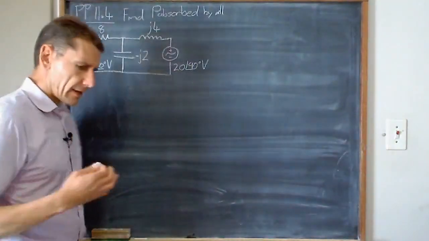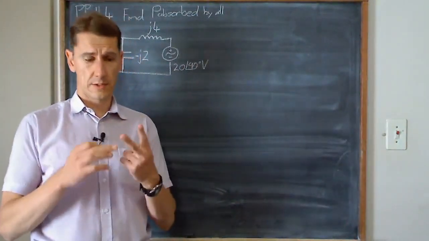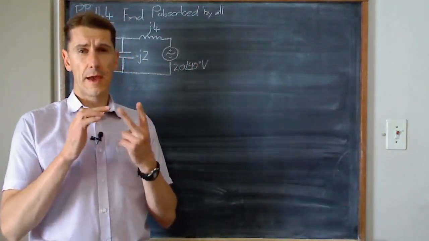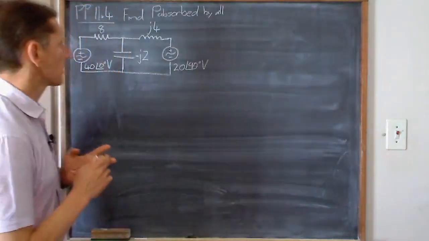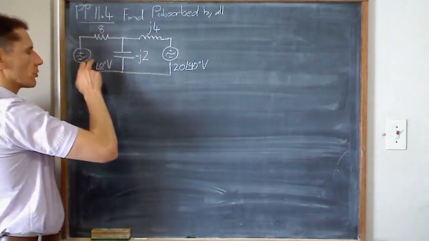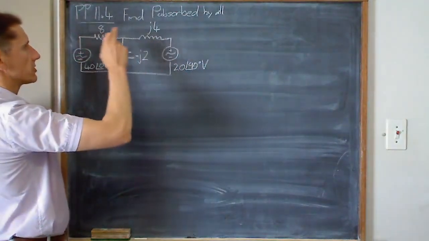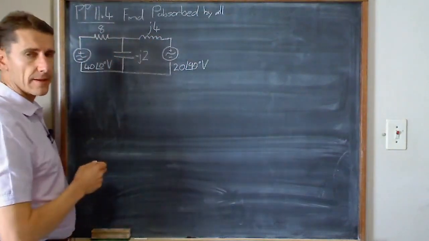To calculate the power absorbed by an element, you need to know two things: the voltage across it and the current through it. So we will have to calculate the current through the 40 volts and the 20 volts and the 8. And what about the capacitor and the inductor?